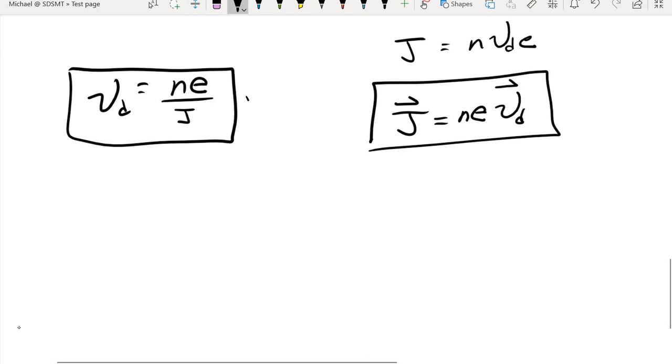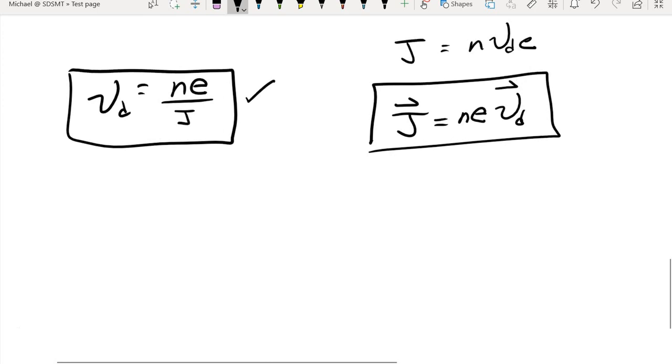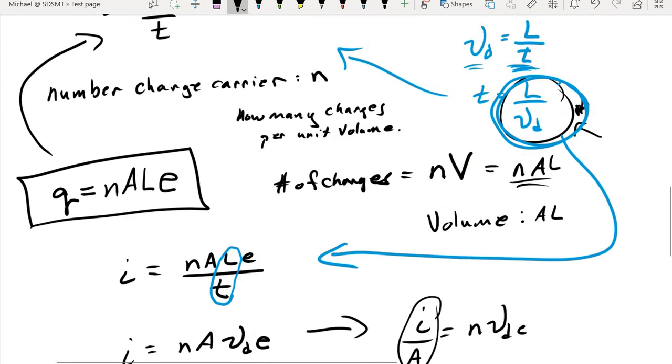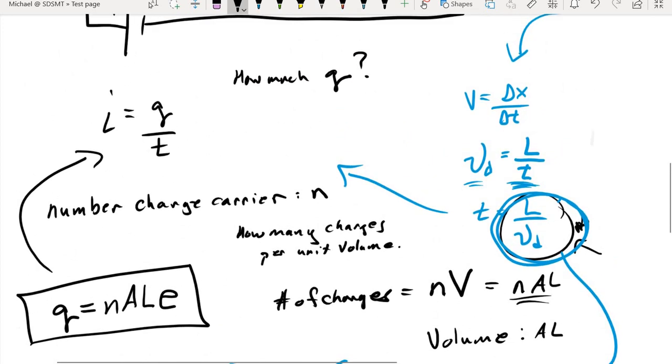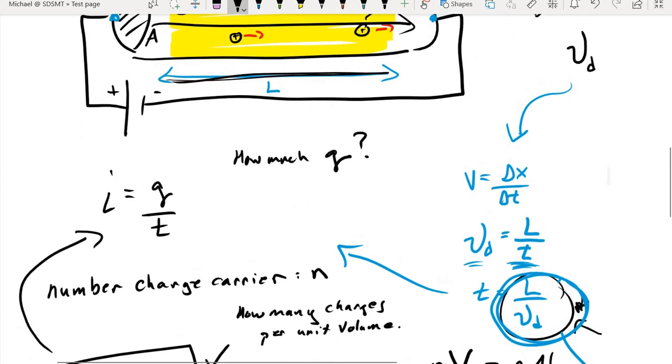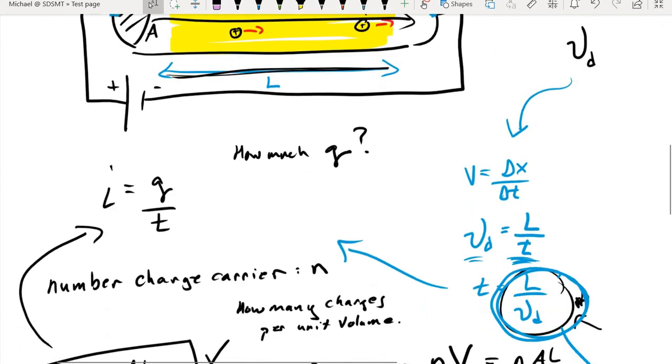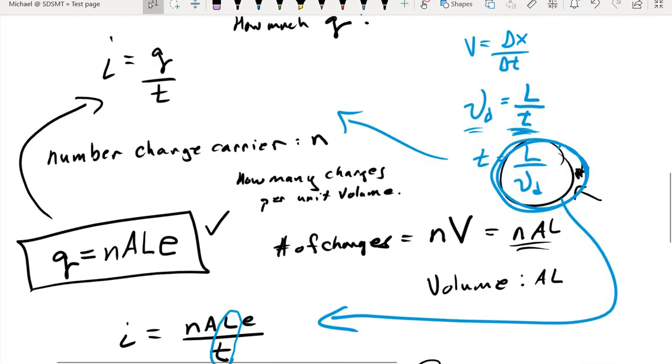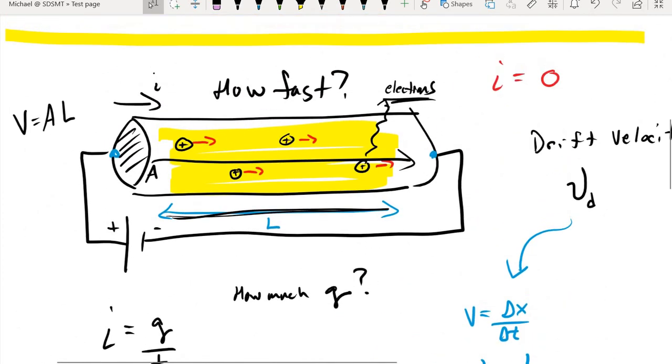But again, this is our expression for the drift velocity that can be found using the current density, the number of charges available inside the conductor, which is the nALe expression there.